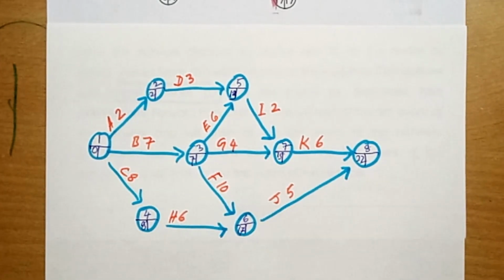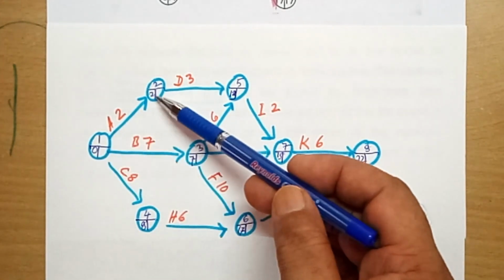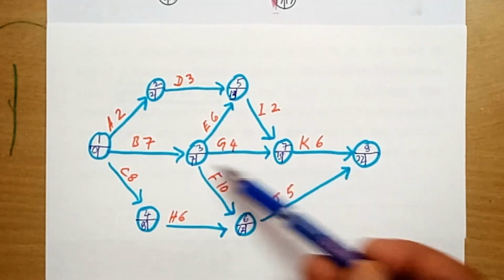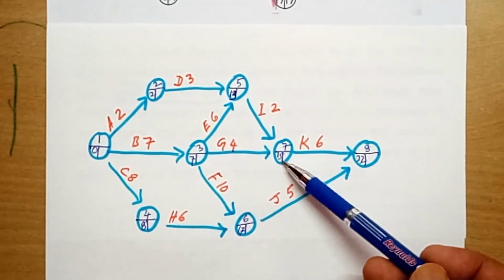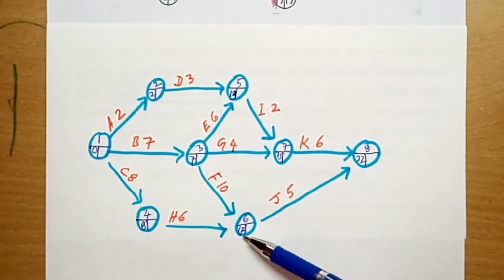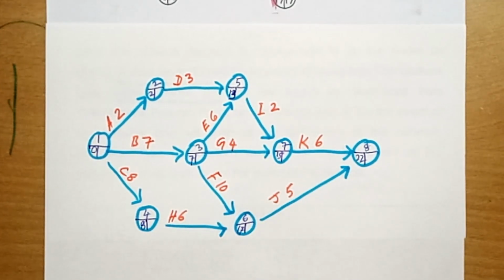So this way we have completed the forward pass and calculating the earliest start of each node, which are 0, 2, 13, 15, 22 this way, and 0, 7, 15, 22, 0, 8, 7, 17, 0, 8, 17 and 22. Now we will start the backward pass.